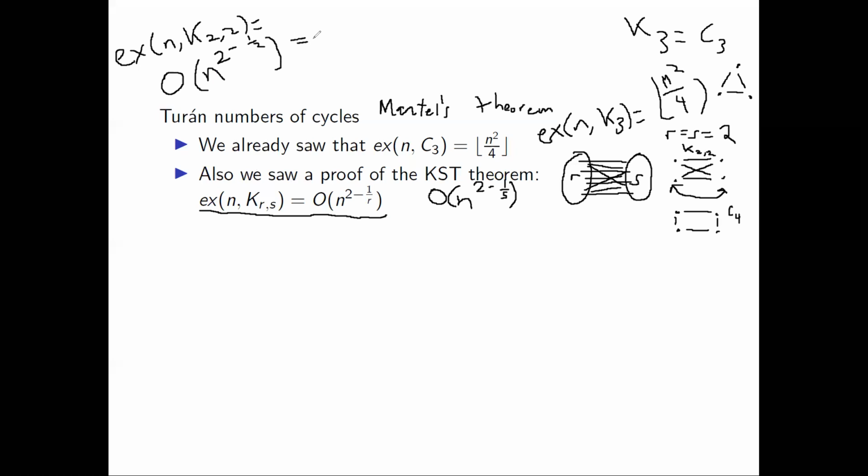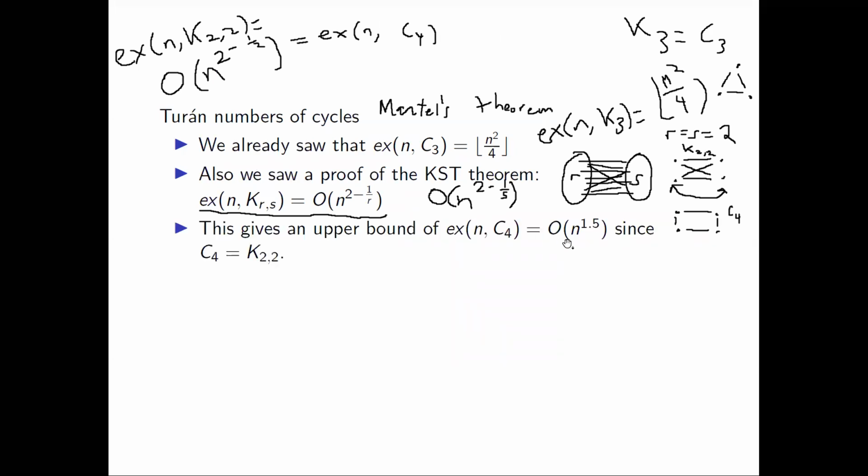And that's the same as ex(n, C4). And so we can write that as big O of n to the 1.5. So we have the Turan number of the cycle of order 3 exactly. We have an upper bound on the Turan number of the cycle of order 4.